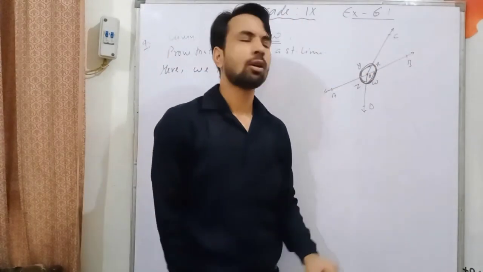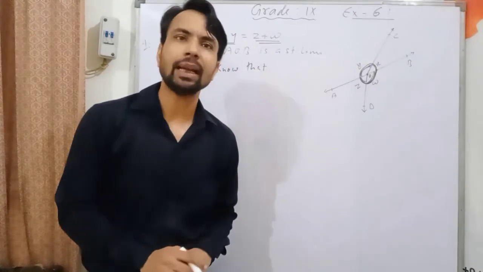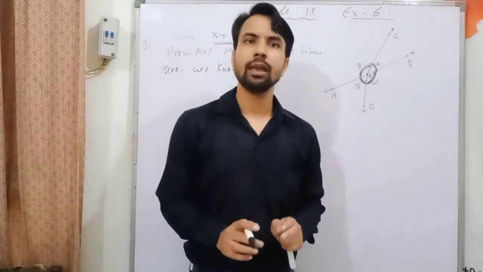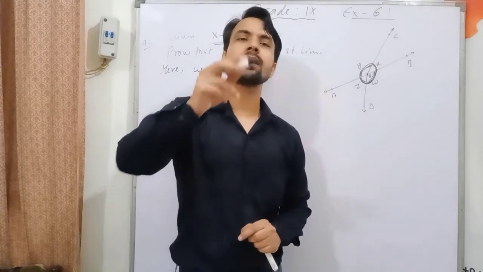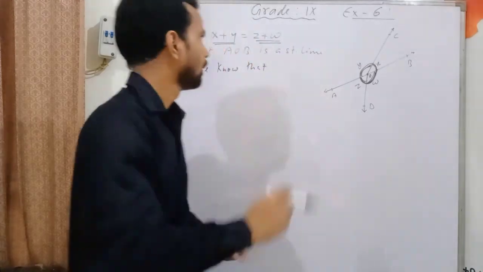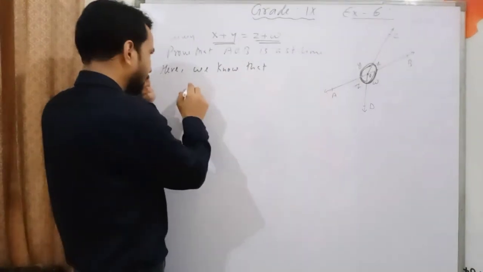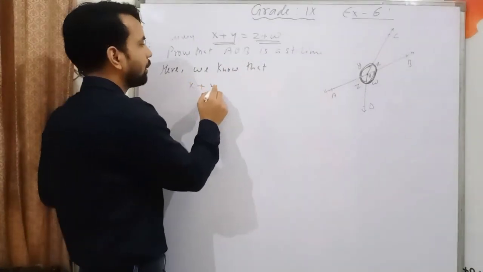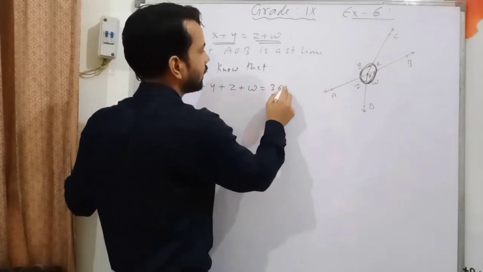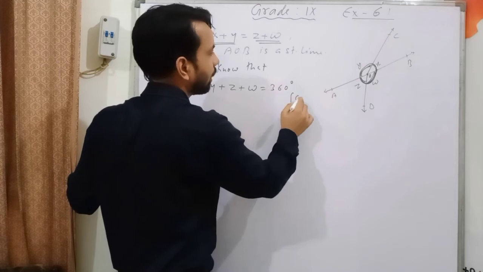That means all these angles are complete angles, so their sum must be 360 degree. If we complete a circle, then the sum of all angles will be 360. You know this? Good. So we have to write, we know that x plus y plus z plus w equal to 360 degree. Reason, complete angles.